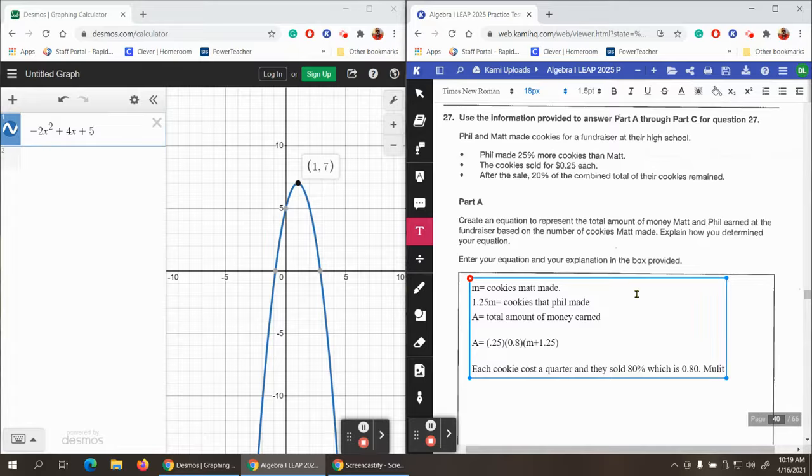What did I do to those? I multiplied them, so that's what I'm going to say. Multiply 0.25 times 0.8.